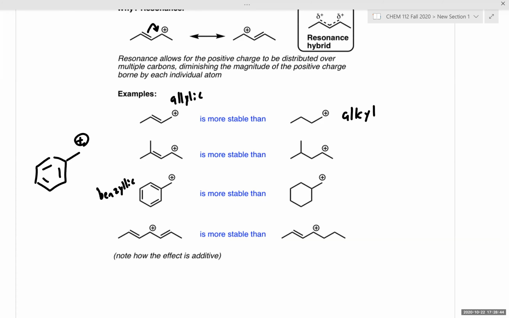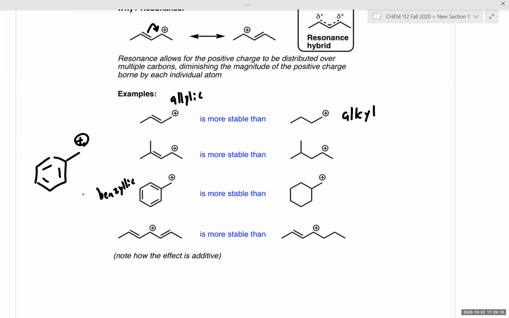So we see students mentioning the double bonds in the ring. Yep. And what about them? What can we do to this positive charge? How many atoms can we spread this positive charge over in total? Are we delocalizing this positive charge over a relatively small number of atoms or a relatively large number of atoms?